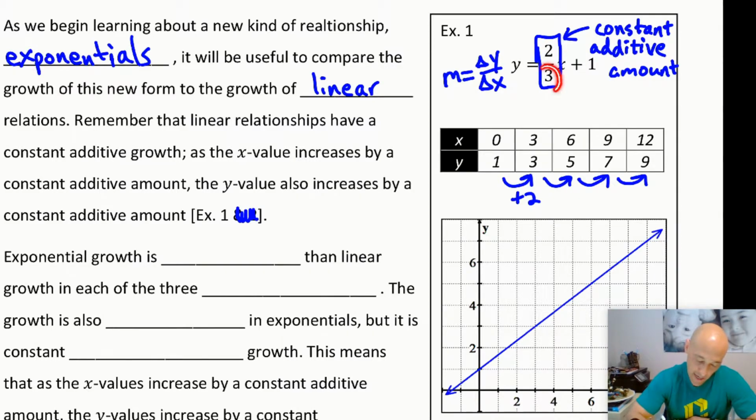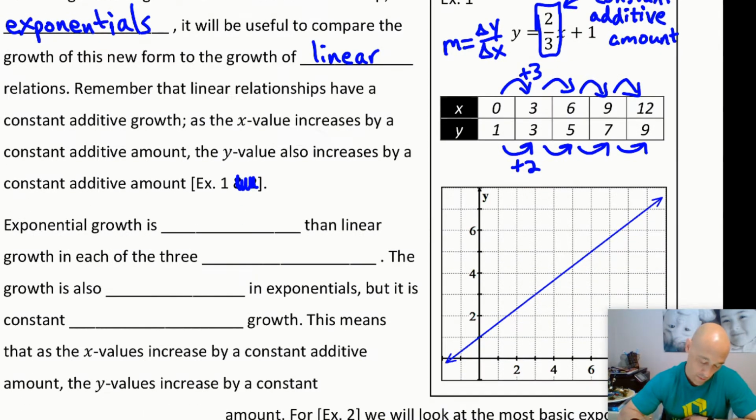And our delta x, the 3, we can see here that we're growing by 3 in our x values. So each time that the x value increases by 3, the y value is increasing by 2. And that is constant additive growth.